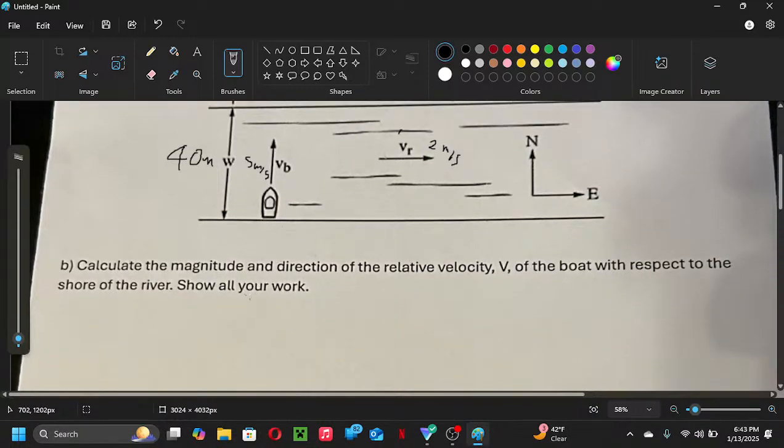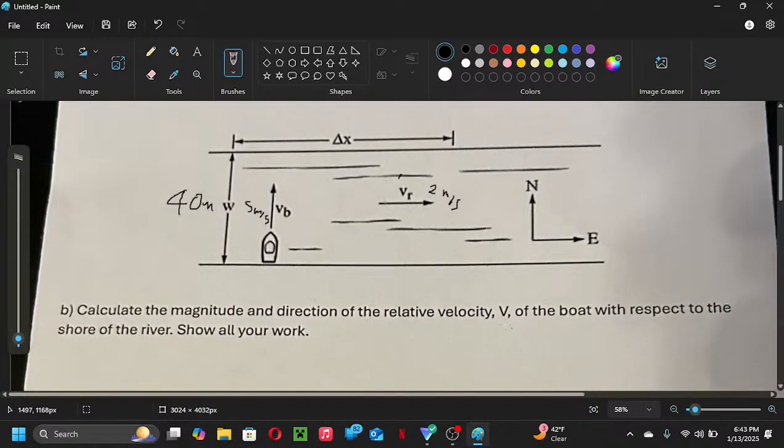That's good. Calculate the magnitude and direction of the relative velocity v of the boat with respect to the shore of the river. Okay, so the relative velocity, I'm pretty sure that's just like the diagonal line. Let me see.